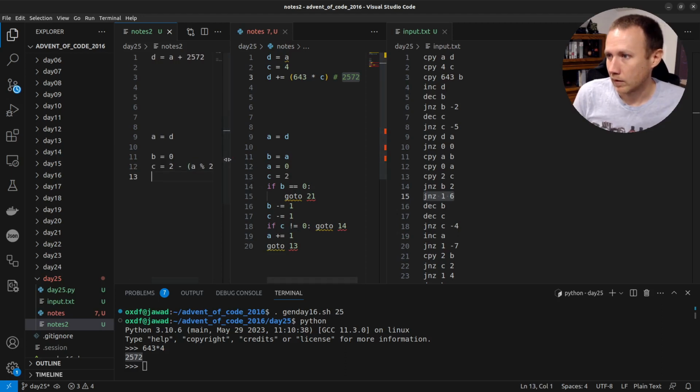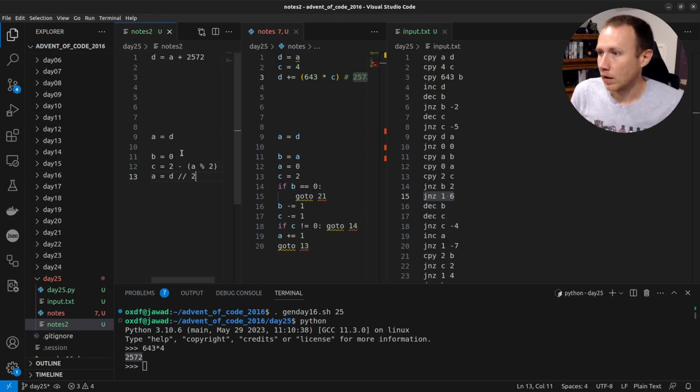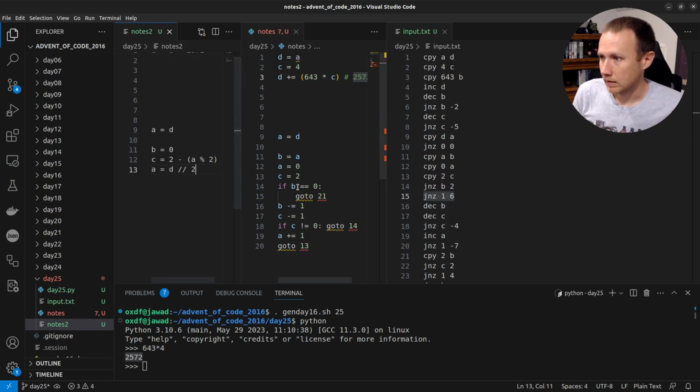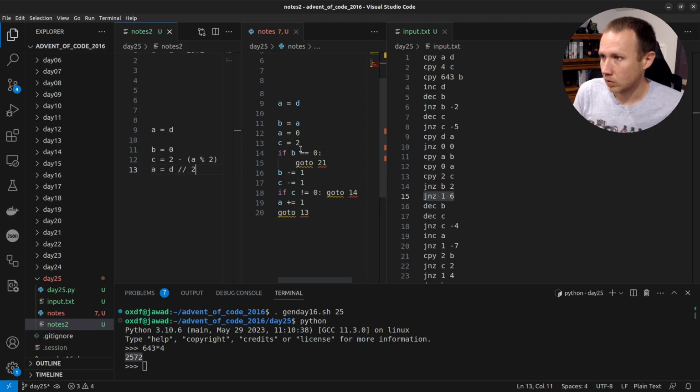So that's our A. A is equal to D divided by 2. And I think that's it. So that's effectively what we're going to be doing here. We're going to set these things, and D doesn't change. D just holds this value.